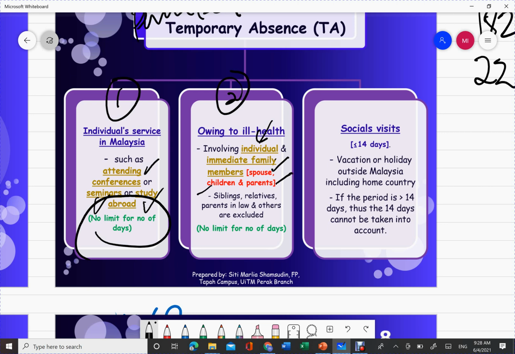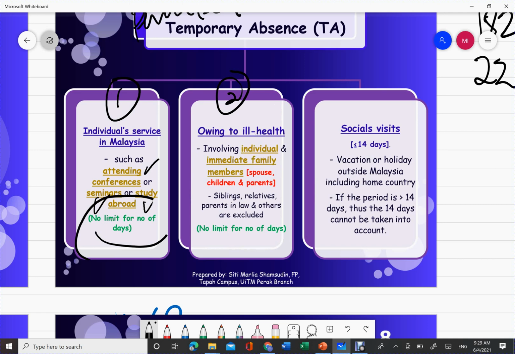Parents here means dia punya mak bapak dia. Okay, these are the group of people yang tak jatuh bawah kategori immediate family member. Yang ni bukan immediate family member. Siapa? The siblings, your relative, your uncle, auntie, cousins, the parents-in-law, and other juga, ini tak diconsider as family member. Dia bukan immediate family member.